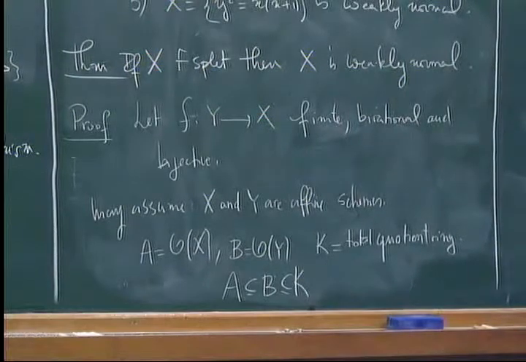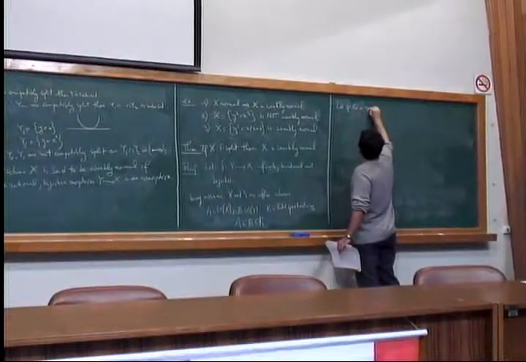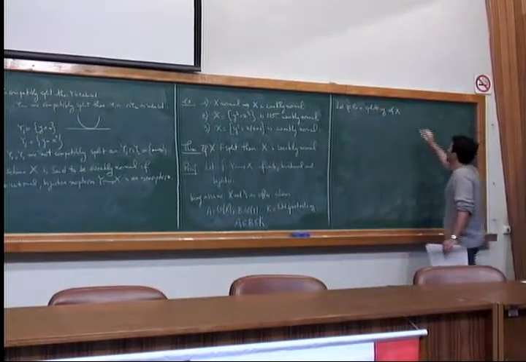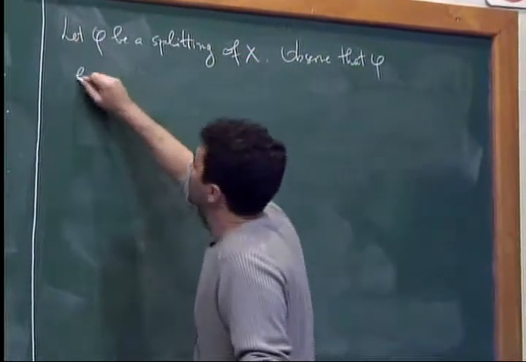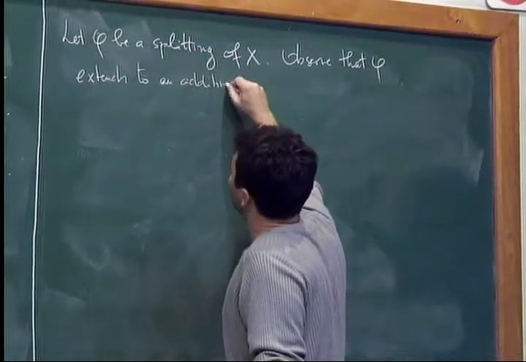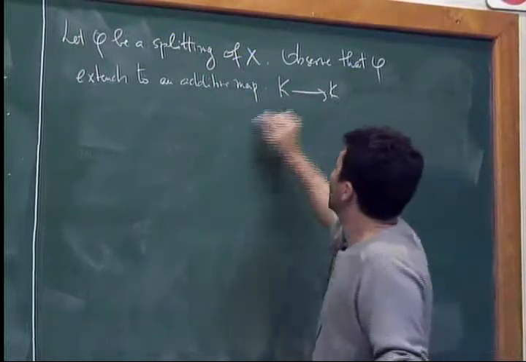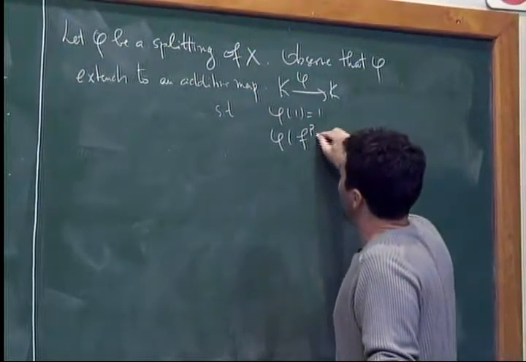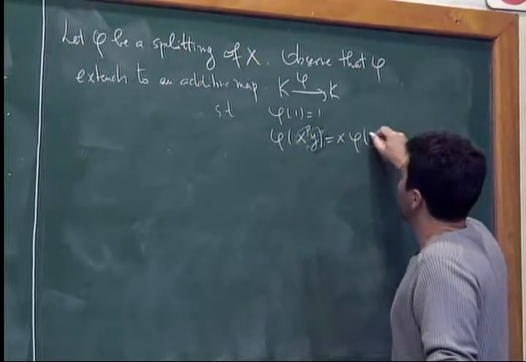You have inclusions of A into B into K. Now let phi be a splitting of X, and observe that phi extends to an additive map from K to K, call it phi again, such that phi of 1 is 1 and phi of x to the power p times y is x times phi of y.